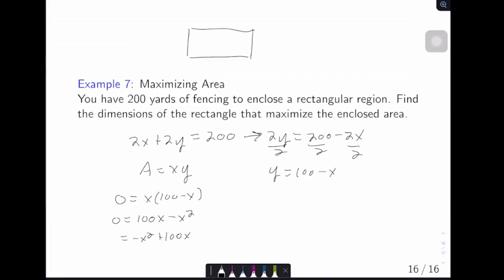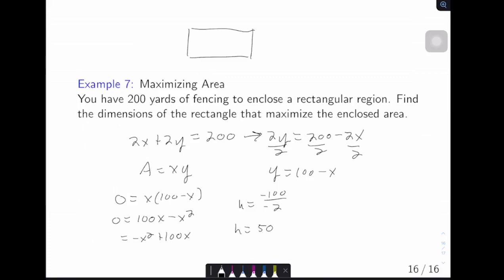Okay. So our h will be equal to the opposite of b, so negative 100 over 2 times a, so that's going to be a negative 2. H is equal to 50. Cool.